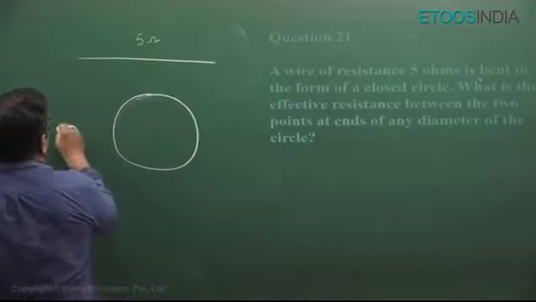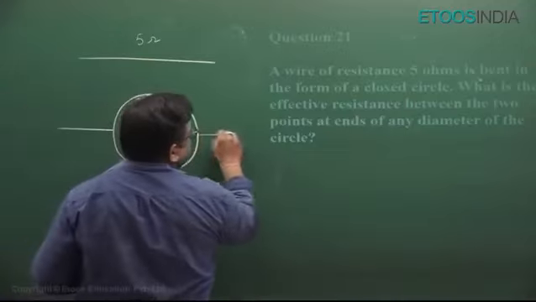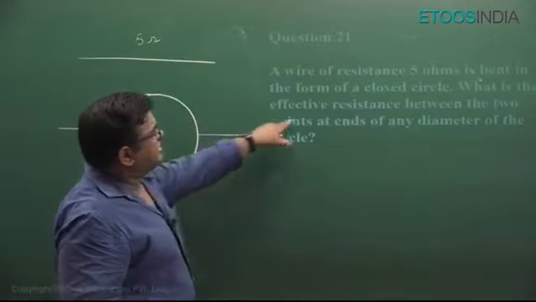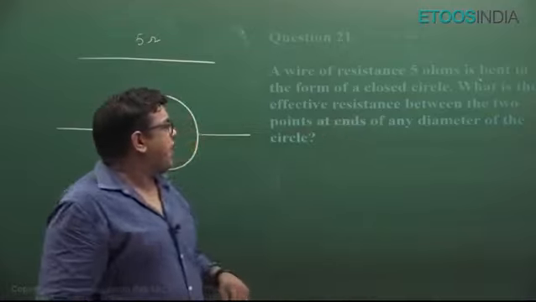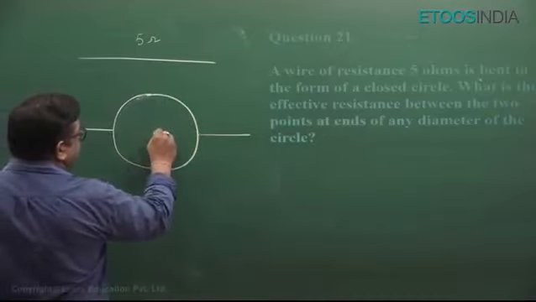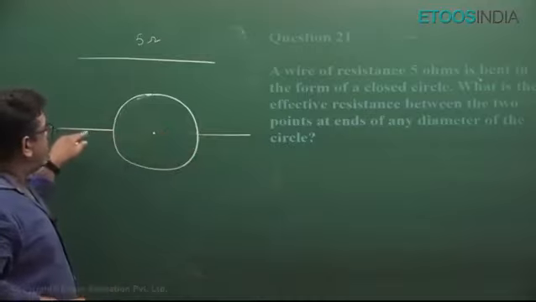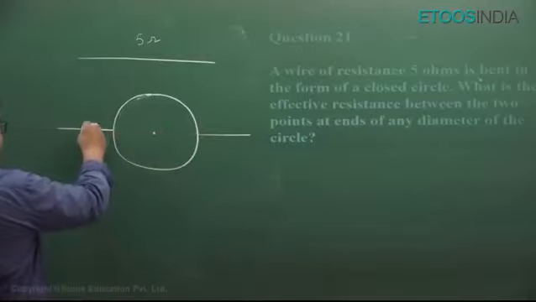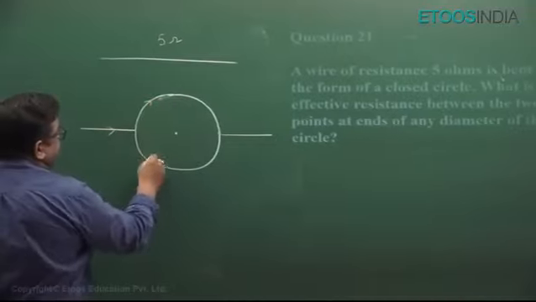Now, it asks what is the effective resistance between 2 points at the ends of a diameter, any diameter. We know that diameter is radius plus radius. So if I see, current will go from here and it will go like this.